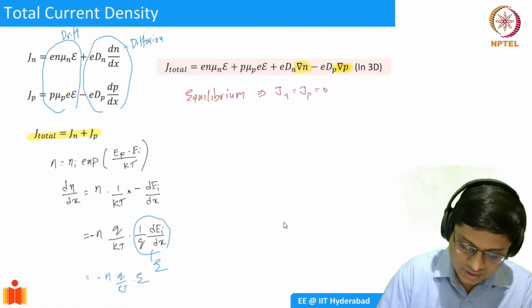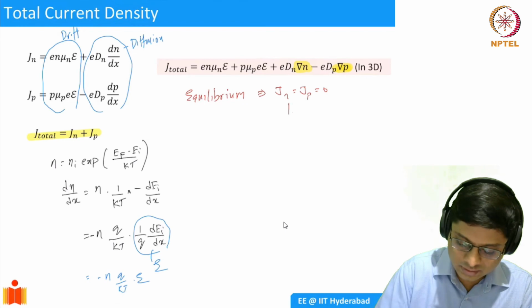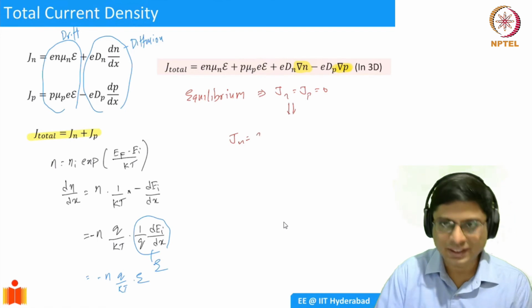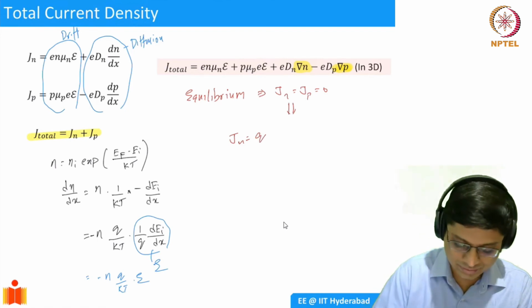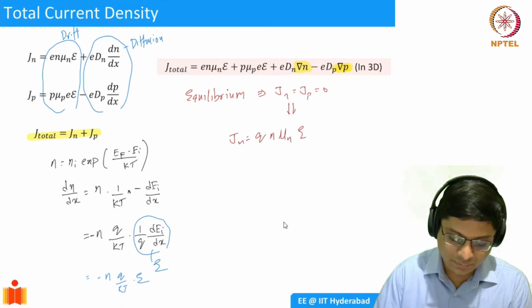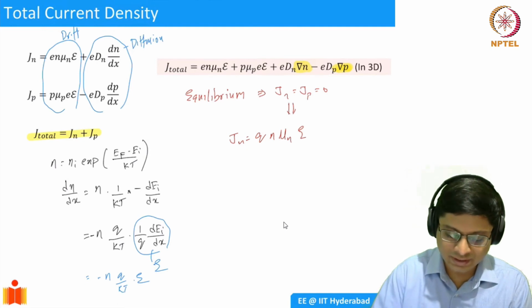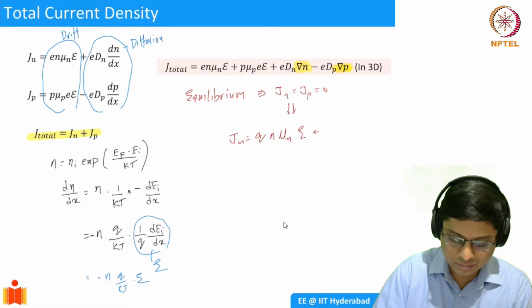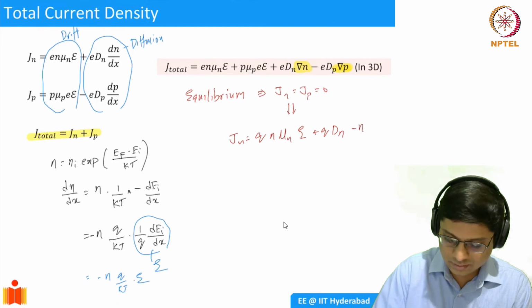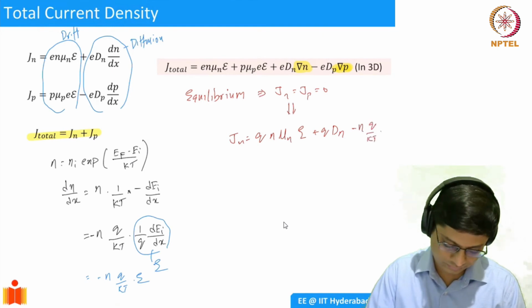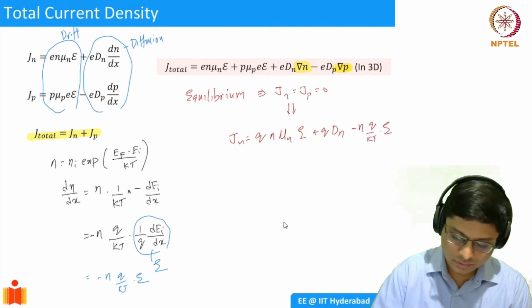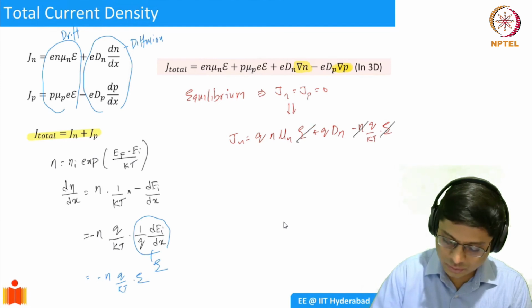So now Jn equal to, pardon my interchangeable use of Q and E, but you should be comfortable with that. mu n E, and now the diffusion current is going to be plus Q Dn dN by dx, and dN by dx is going to be minus N Q by KT times E. Okay, so your E cancels out, N cancels out, Q cancels out.